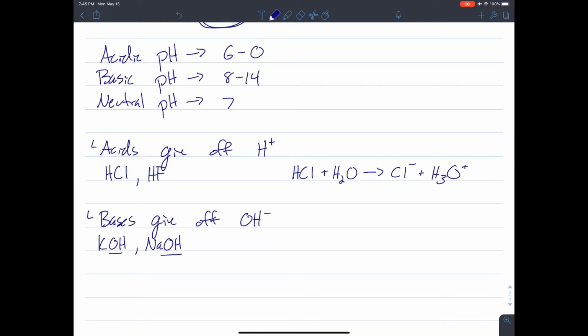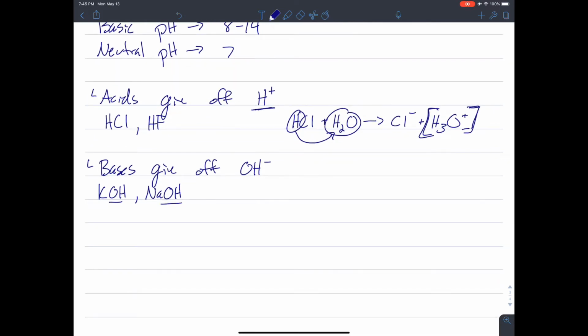Okay, so this hydrogen here got added onto this water and you get H3O. So it's releasing H plus into the solution, but that H plus is then going to bond to water and form H3O plus. So that's why we use both of those terms interchangeably here.